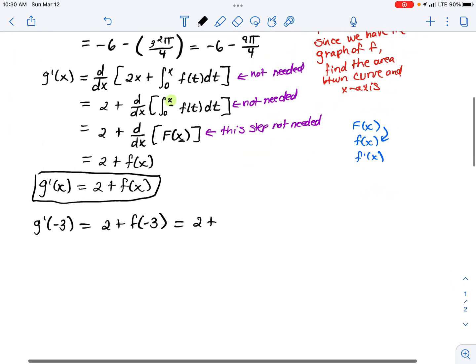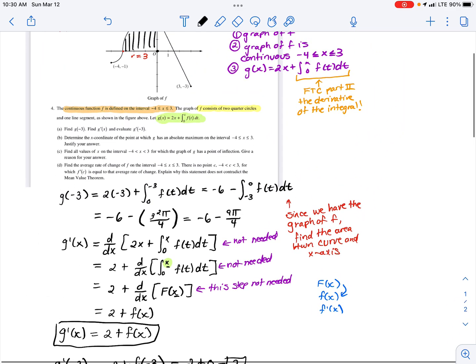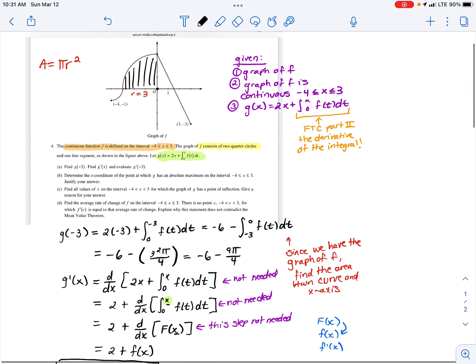So I get 2 plus 0, which is 2. And as we talked about in class, this was worth 3 points, so we're almost there to our goal of 4 points out of 9 for a 3 on the AP exam. And of course, you're aiming for an average of 6 out of 9 for a 5. So anywhere in between 4 and 6, so it would be like 4 range. But anyway.